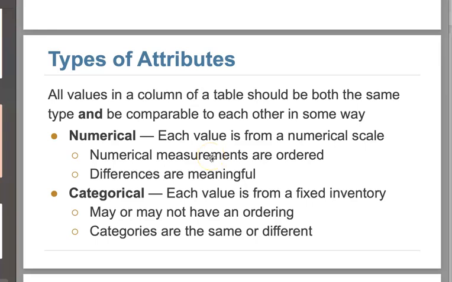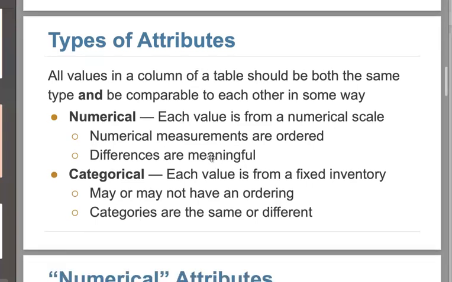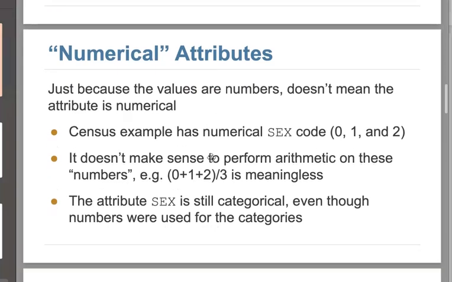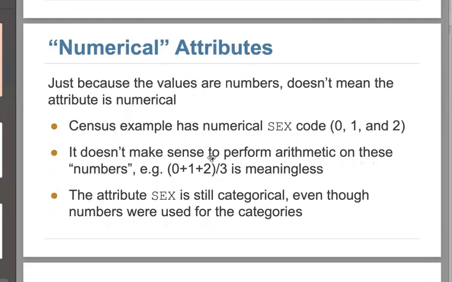That's quite easy to understand, the difference between numerical data and categorical data. Mostly, if the values are numbers, we know they are numerical data. Usually categorical data are strings. But one thing we also need to be careful about: just because the values are numbers doesn't really mean the attribute is numerical.